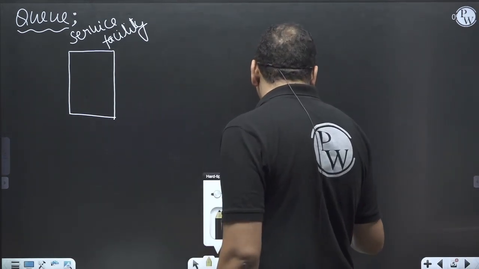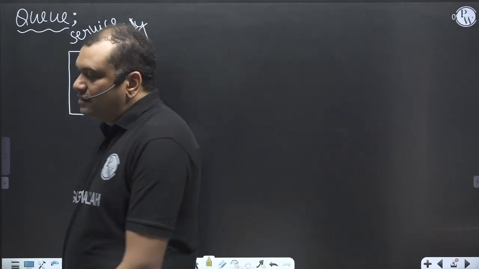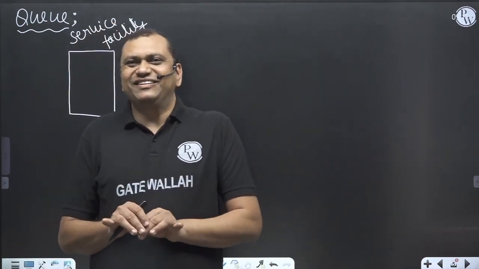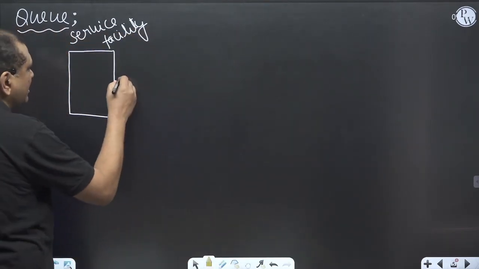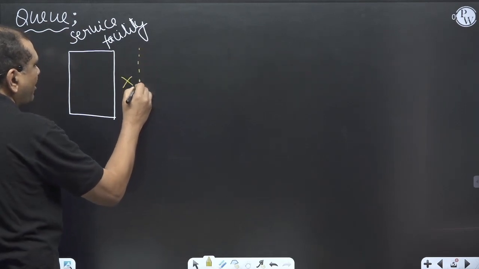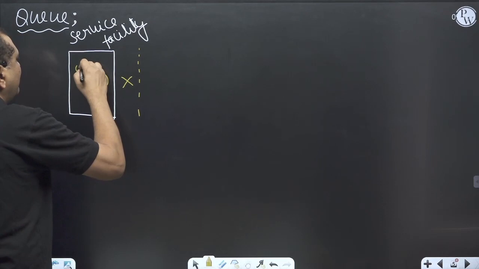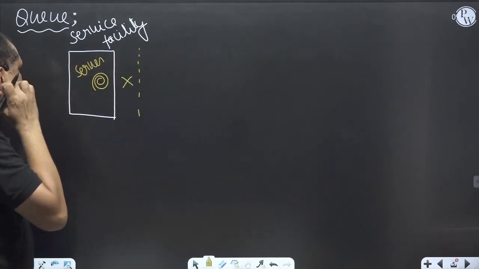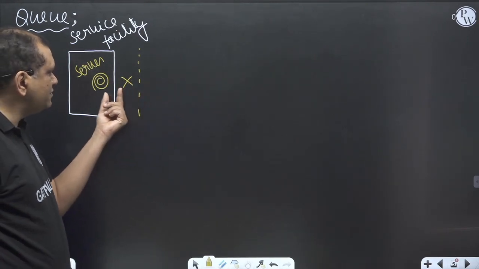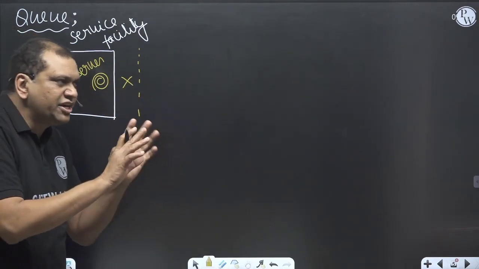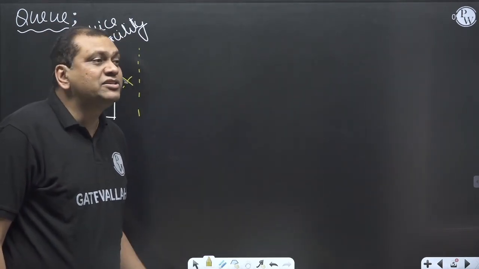Suppose there is a service facility, for example, a bank teller. So people are coming. As the first person comes, the server is chit-chatting with that customer, about how much you want to withdraw from the bank, how much is in the account.